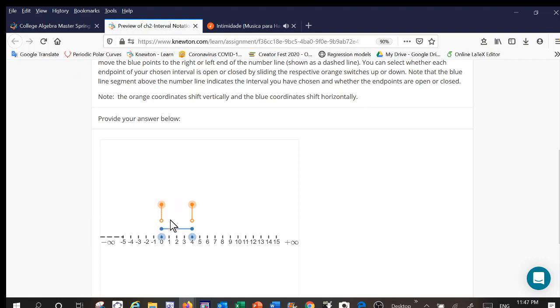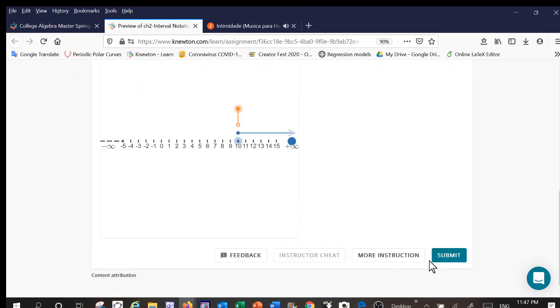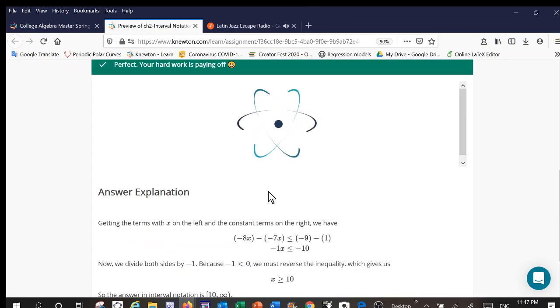Let's see, how do we move that? Here we go. Move that to 10, and then move that to infinity, like that. And we don't want it empty, we want it filled in, because if it's empty, that means 10 is not included. So we want to make sure 10 is included. Something like that. And that is correct.